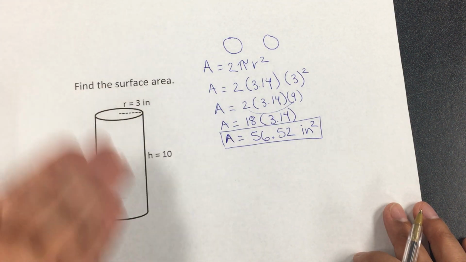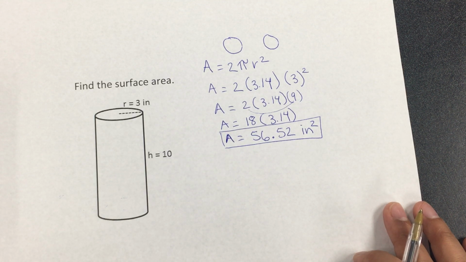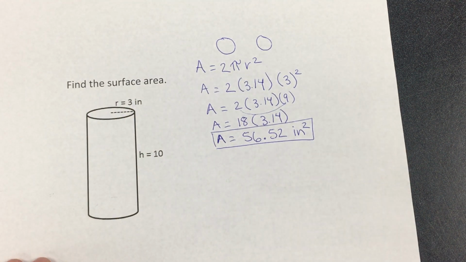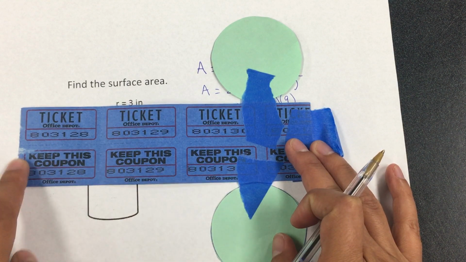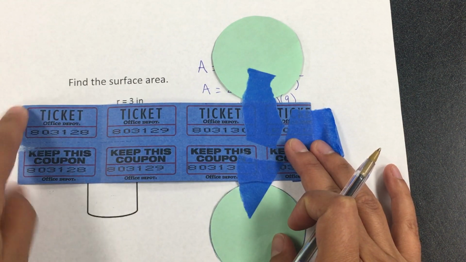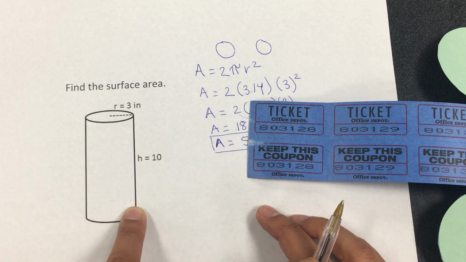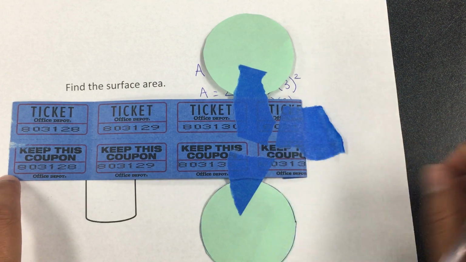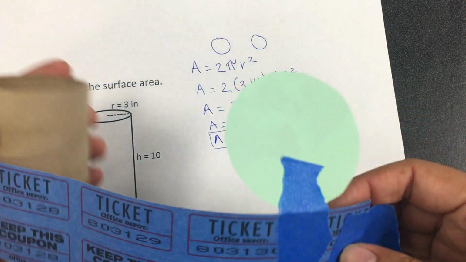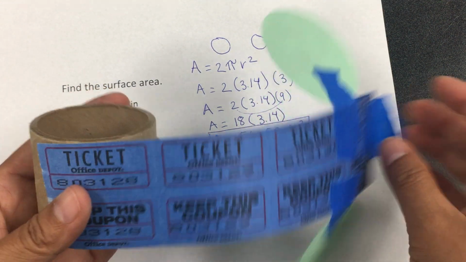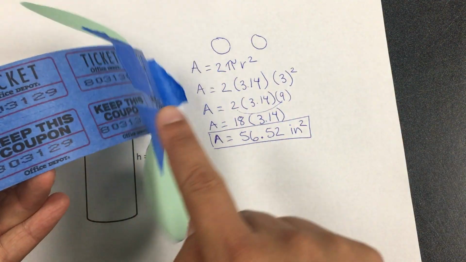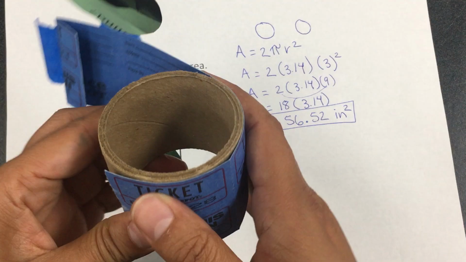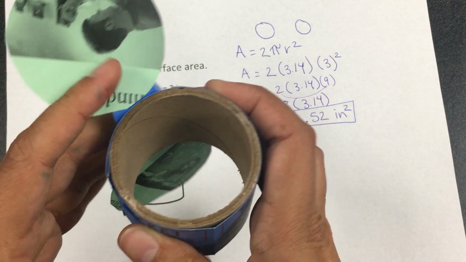That will be enough to paint only the top and the bottom, or put glitter or whatever you need to do. But for the area around, you have this, which becomes a rectangle. We know that this part is the height, which will be h. But what about the base of the rectangle? If I go back to my cylinder that I'm trying to paint or decorate, what would this from here to here represent? I turn it around and look at what happens.